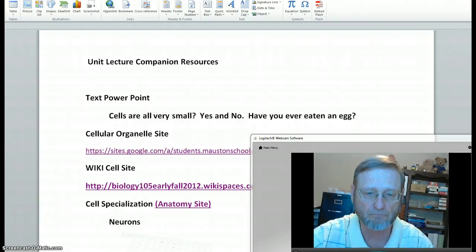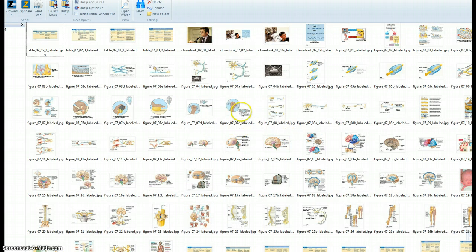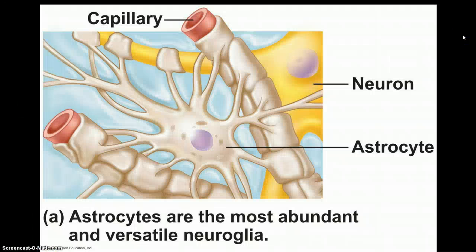First of all, I have a bunch of resources here that I can use to help you look at these cells. Okay, first of all, let's look at this particular cell. It's called an astrocyte. This is a diagram of a tissue called glia or neuroglia.